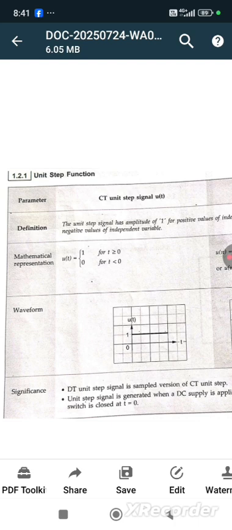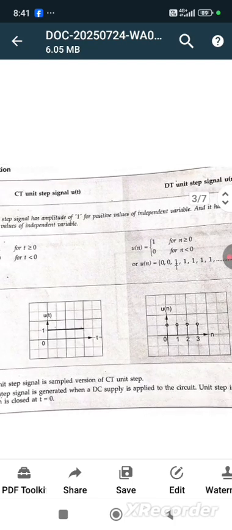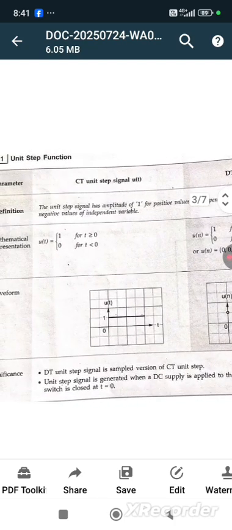Here, in the case of the unit step function, I am going to explain both the continuous time signal and the discrete time signal. A continuous time signal is specified for every value of time; it varies continuously with time. A discrete time signal is specified only at discrete time intervals.